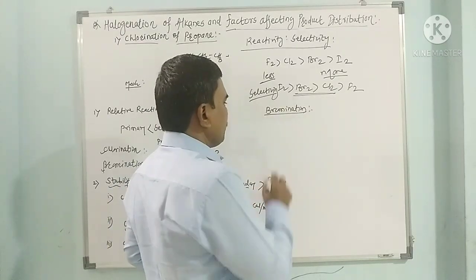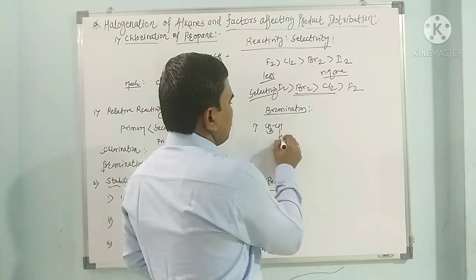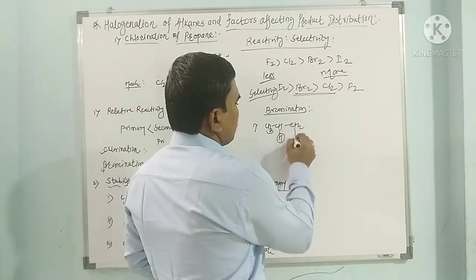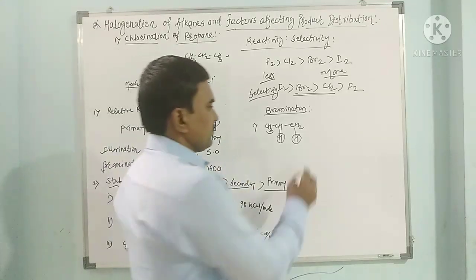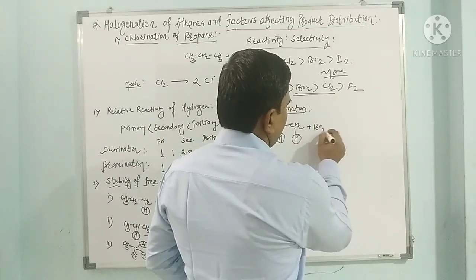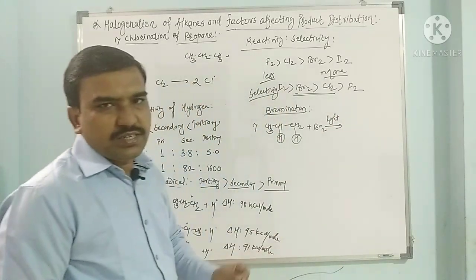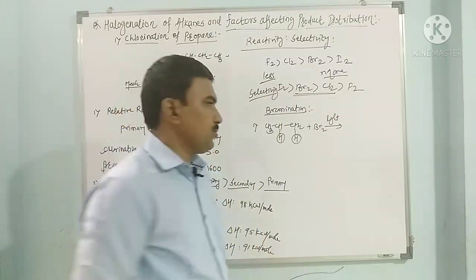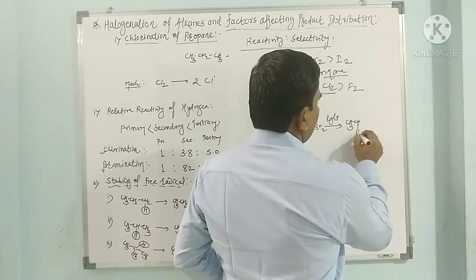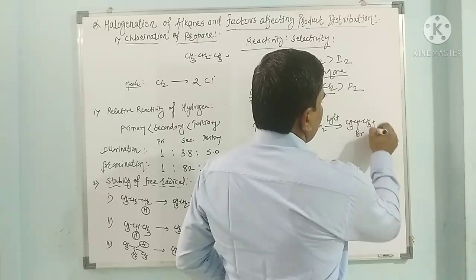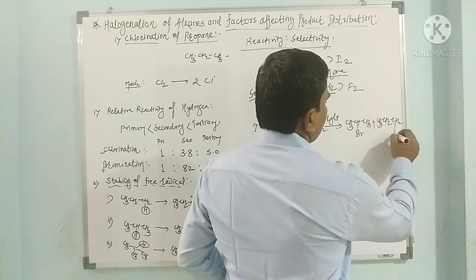If you see the simple example of propane, CH3 CH2 CH3, when it undergoes bromination in presence of light, what do we get? 1-bromopropane and 2-bromopropane. Here we get CH3 CHBr CH3 plus CH3 CH2 CH2Br.